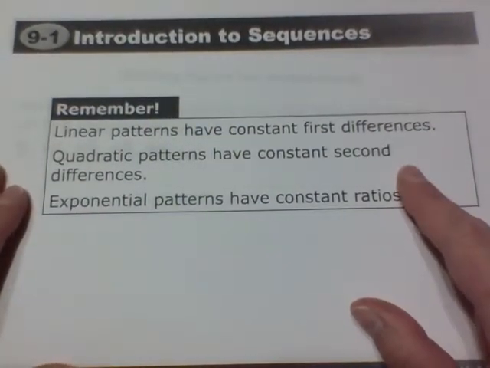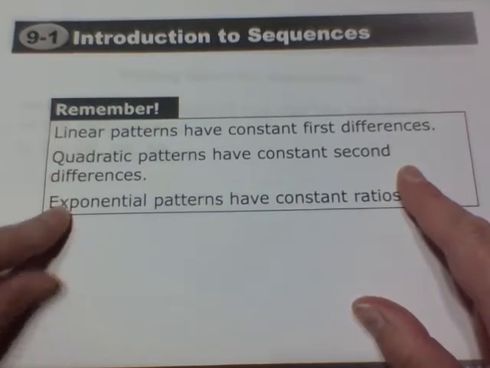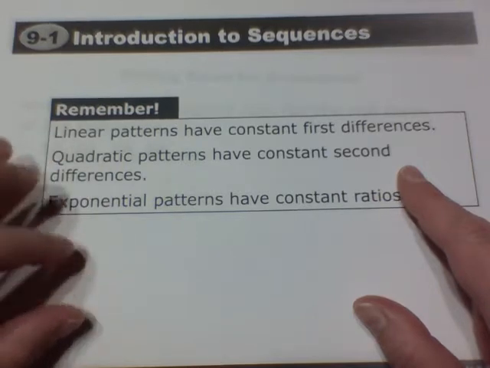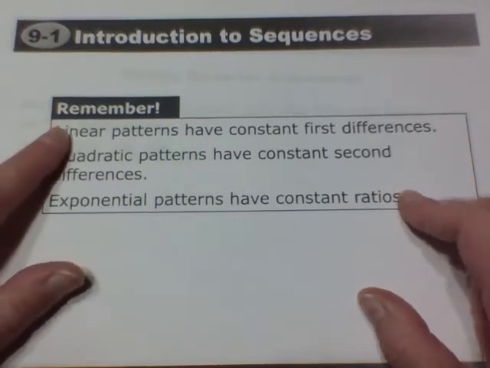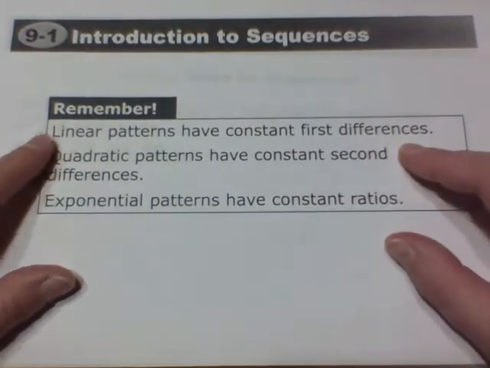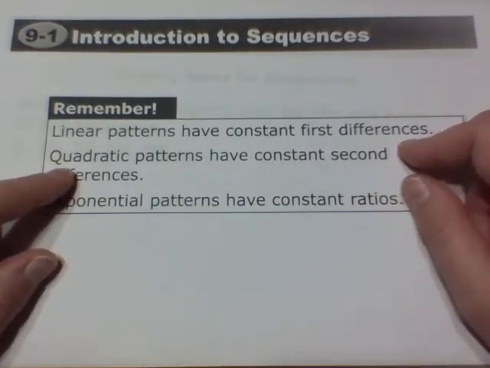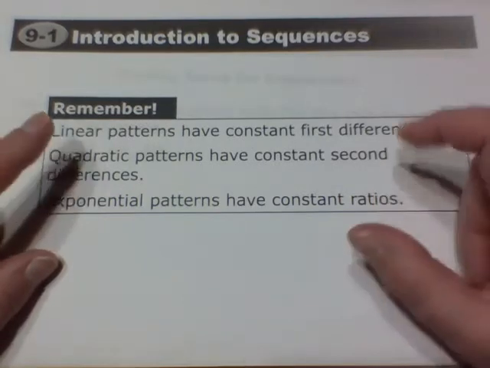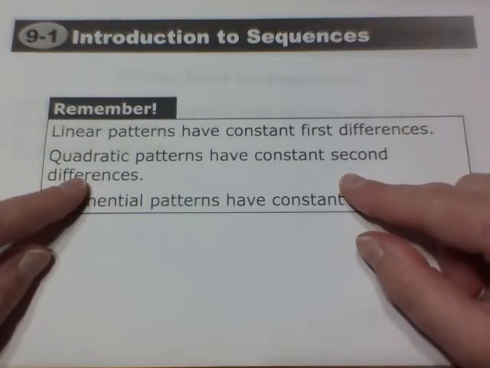This is where we're going to determine if something was linear, quadratic, or exponential. How I mentioned earlier that a lot of these equations will be one of these types. So linear patterns have a constant first difference. So if we make a table and we subtract everything, we're going to have a constant number. That's your slope, in fact. Quadratic patterns are going to have a constant second difference.